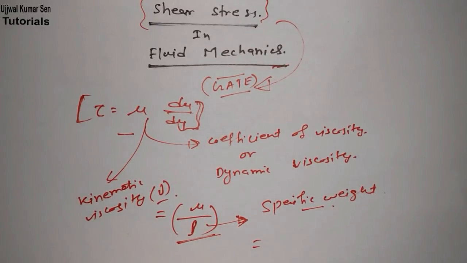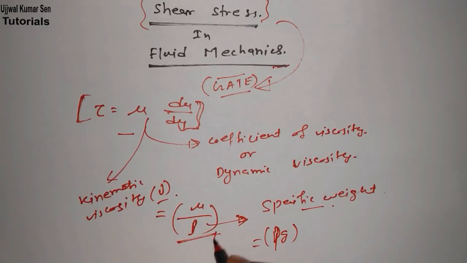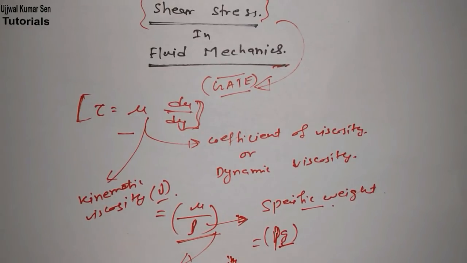These are the same thing, right? So a specific weight equals weight by volume. So it is also known as rho g. But they have related things with another thing, that is specific gravity. They can relate with it, but from here density and g, right? Specific gravity is equal to density of fluid by density of standard fluid.